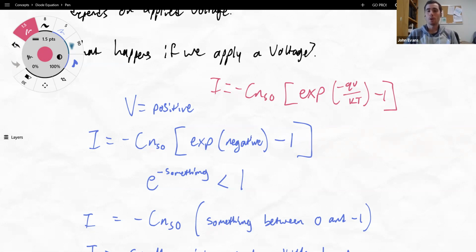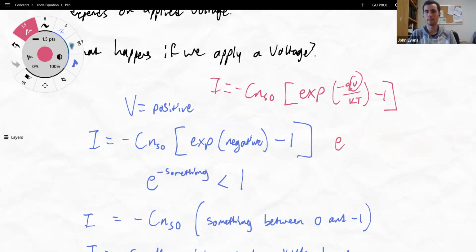Okay, so if we make V positive, we are going to get an exponential of a negative, right? Because everything else in this is positive, K is positive, T is positive, and Q is going to be a positive number. Then we have that minus sign in it, so that whole thing just becomes negative.